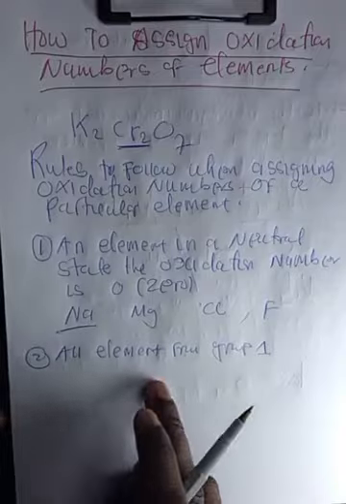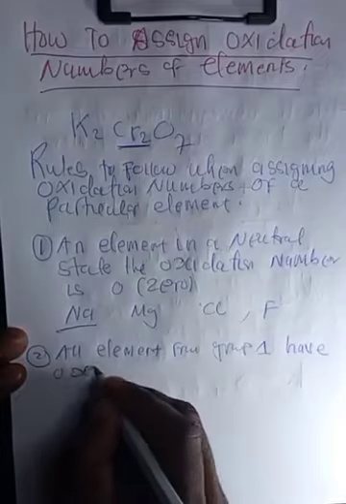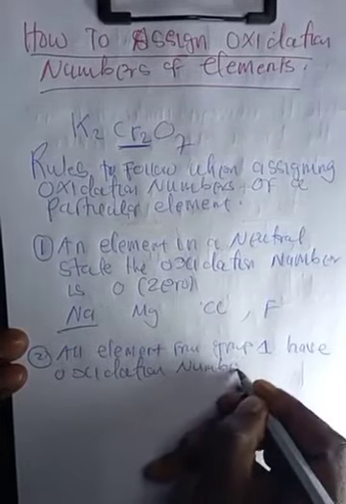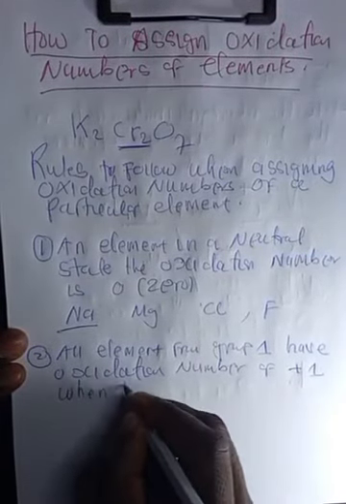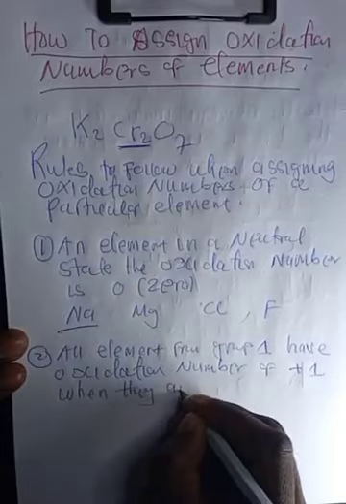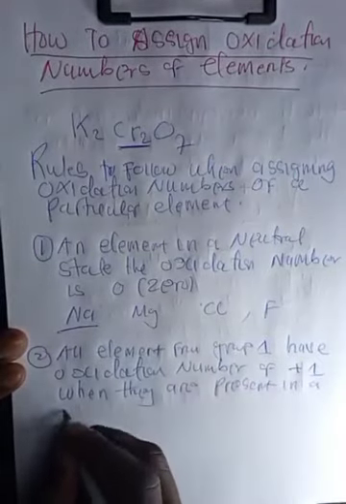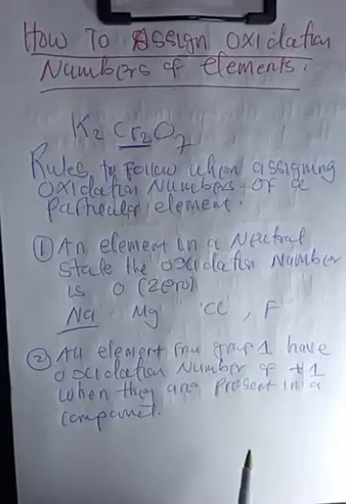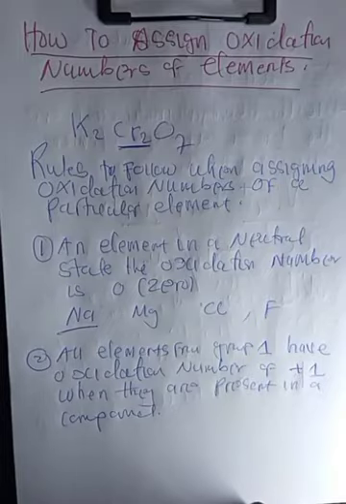So all elements from group 1 have an oxidation number of positive 1 when they are present in a particular compound.